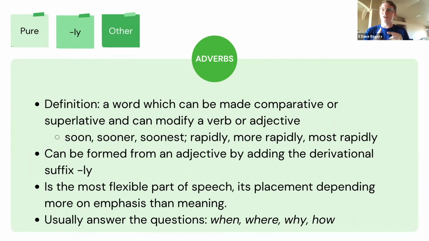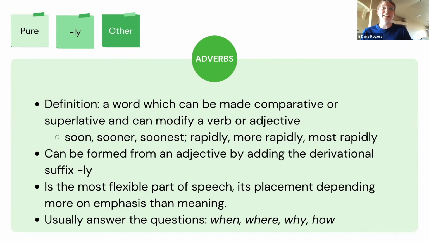And I've got an adverb, which can interact with the verb or the adjective. But an adverb cannot interact with a noun. They're not friends. All right, so my example is soon, sooner, soonest, rapidly, more rapidly, and most rapidly.